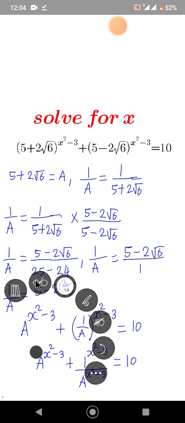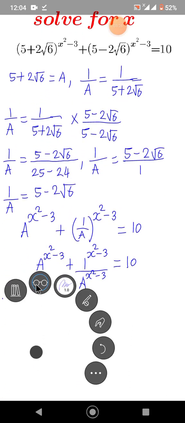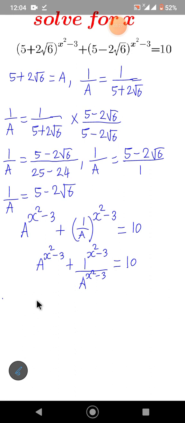Then we continue. Now we write this again. We say a raised to the power of x squared minus 3 plus 1 raised to the power any number is 1. So here will become 1 all over a raised to the power of x squared minus 3 all equal to 10.